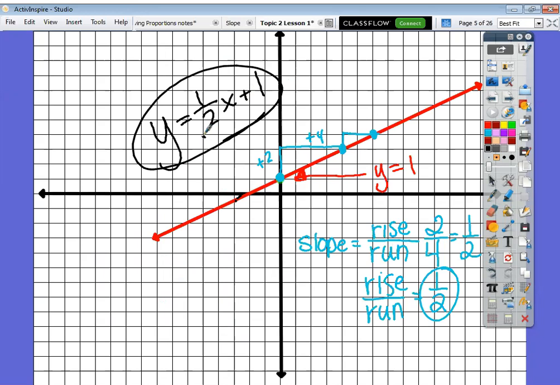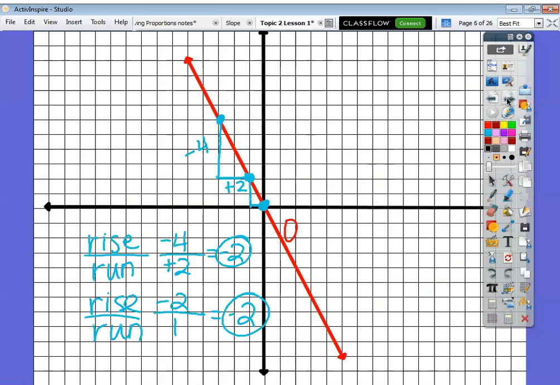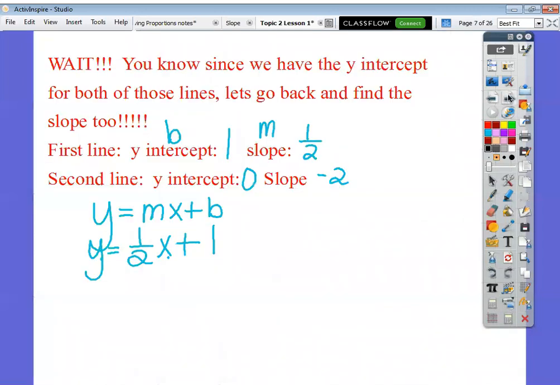Super, super, super simple. All right, well, let's write an equation for this line. So this line, ready? Again, always start with slope-intercept form. Always start with that. The m is the slope of the line. So I'm plugging in -2.